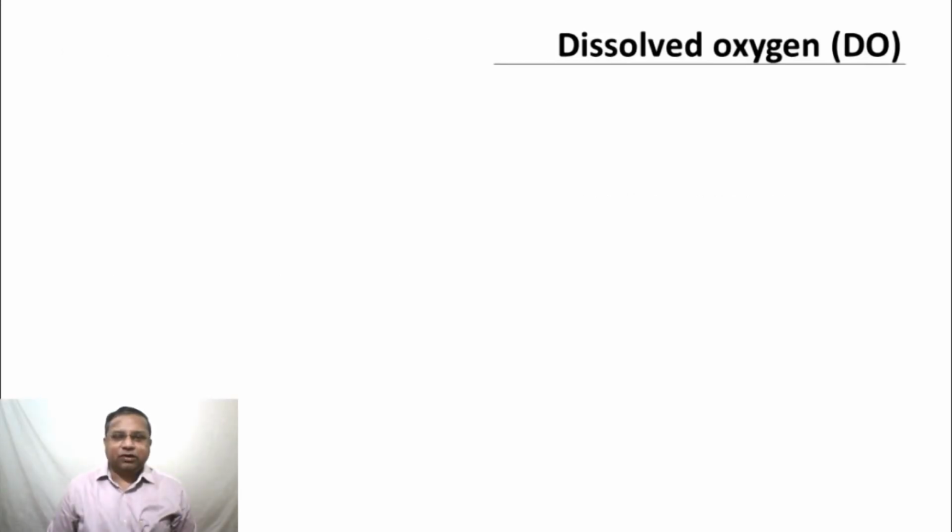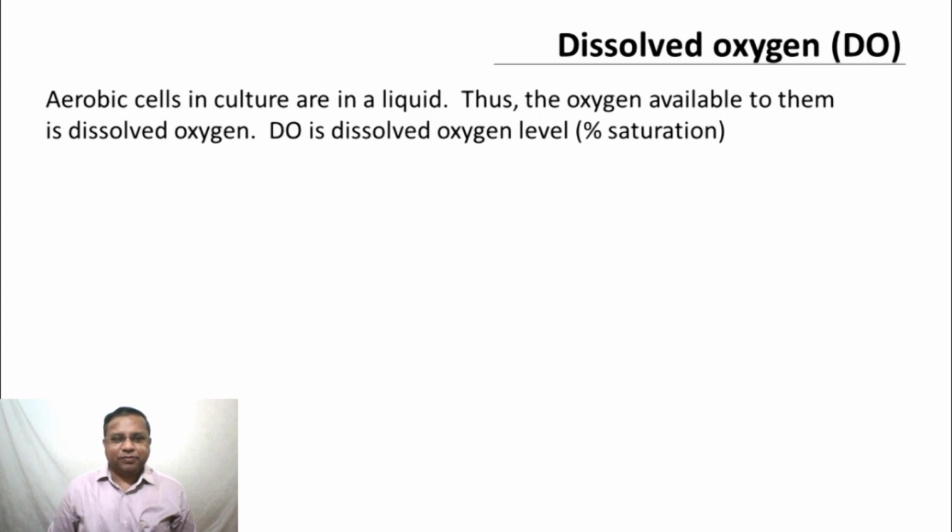Dissolved oxygen, or DO, is what we are going to look at next. We are going to look at this in some detail. Aerobic cells in culture are in the liquid. They are not in air. Therefore, the oxygen that is available to them is the oxygen that is dissolved in the medium, dissolved in the water, predominantly in the medium.